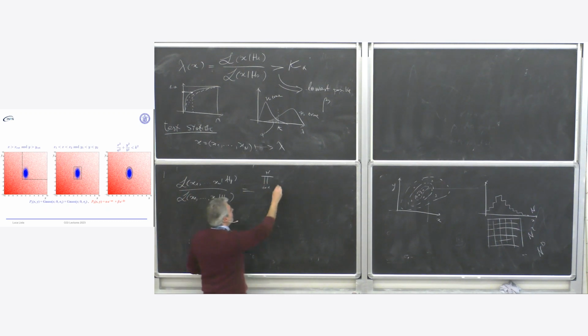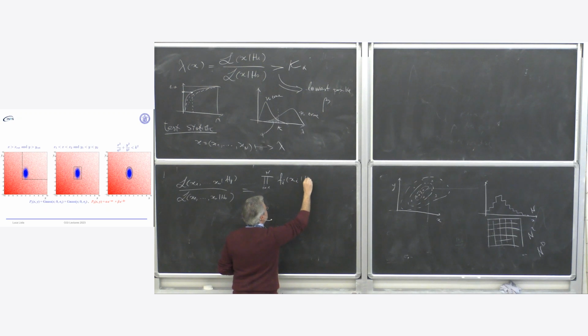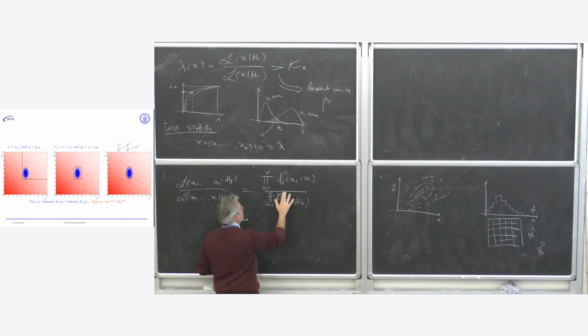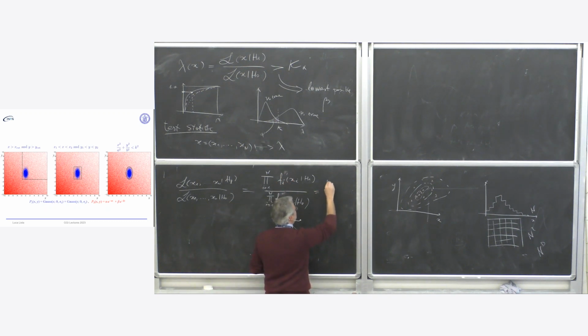So I would have f1 of x1, f2 of x2, fi of xi, divided by the product of f, let's say this is f1, because there may be different probability distributions, xi, H0, okay? Or maybe this is a redundant notation. Either I write this, or I write maybe like this.